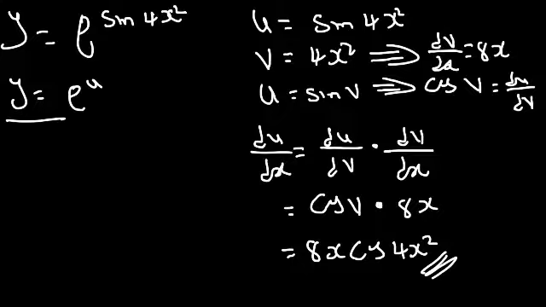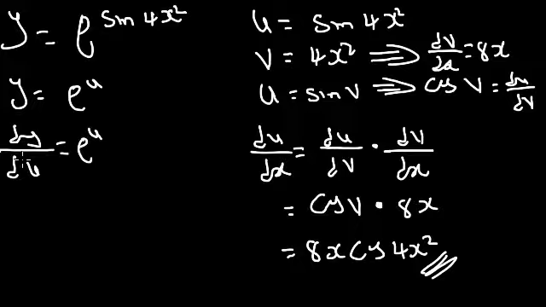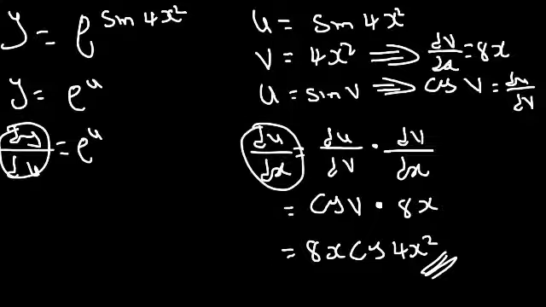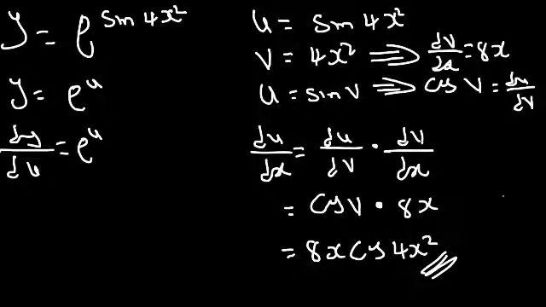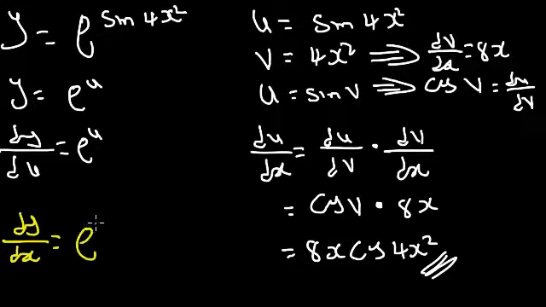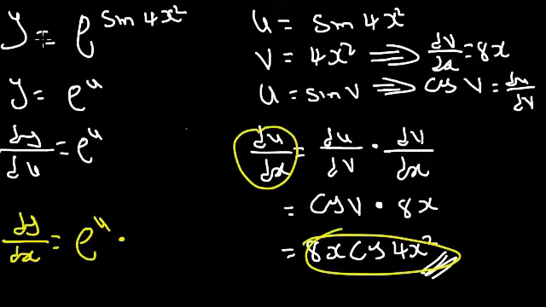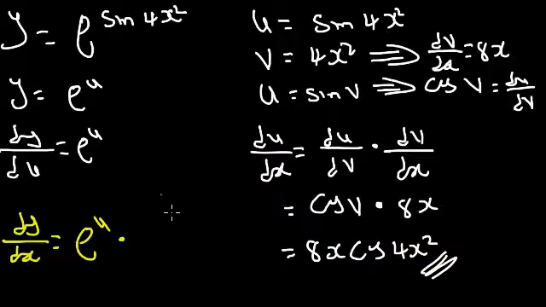Now let's come back to y. So differentiating y with respect to u gives back e to the power of u. And remember, the product of the dy/du and the du/dx gives us the dy/dx. This clearly means that our final answer for this problem will now be equal to the product of the dy/du, which is e to the power of u in this case, then multiplied by the du/dx, which is simply 8x cosine 4x squared.